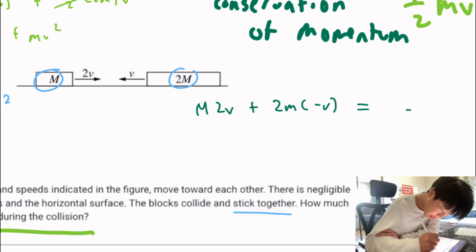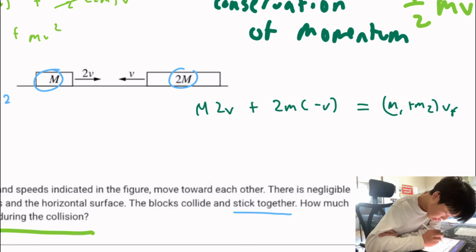Oh, they do stick together, my fault. So in this case, it's going to be 2mv minus 2mv. Okay, so this is just 0.